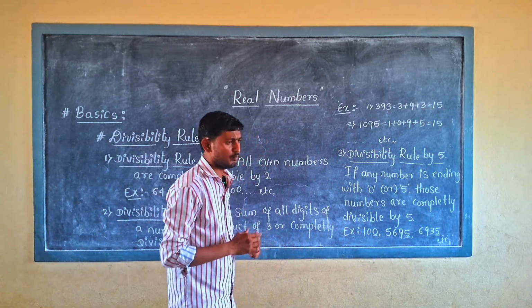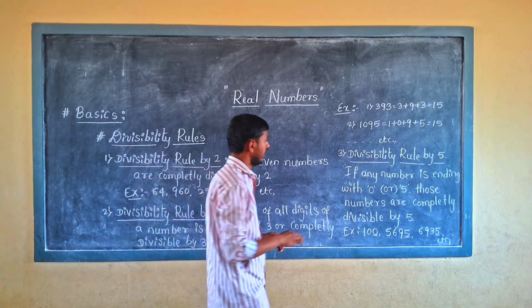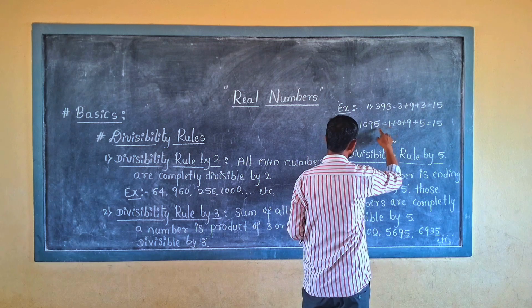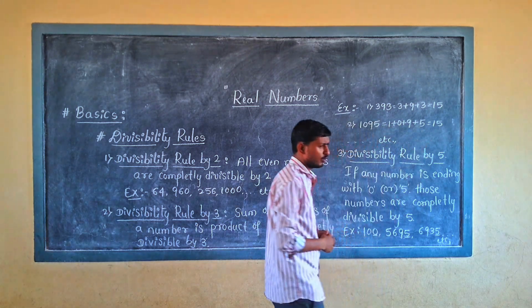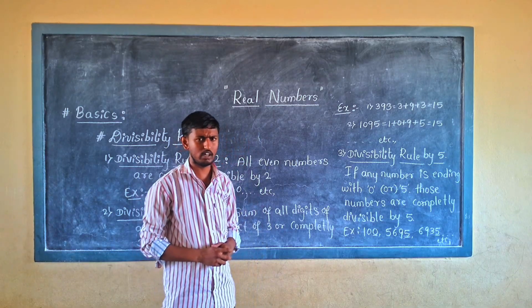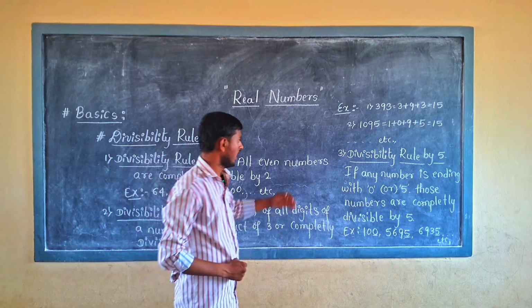That's why 393 is also completely divisible by 3. Another example is 1095. Sum of digits is 1 plus 0 plus 9 plus 5 equals 15. 15 is also a multiple of 3, so it is completely divisible by 3.